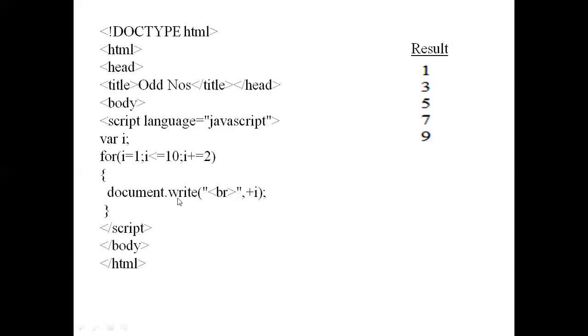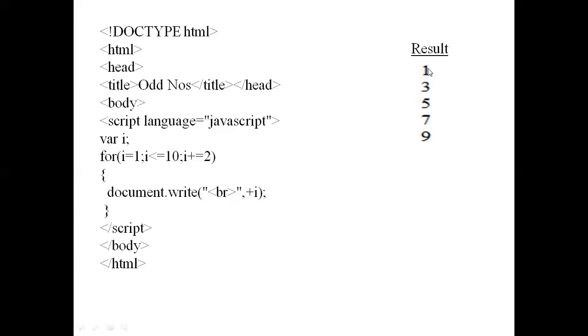Now to display any statement or any text or number in JavaScript, what do we write? document.write. Okay, document.writeln is also there, the ln will automatically take you to the next line. With document.write, you have to give the break, otherwise it will be a horizontal sequence. 1 will come here, 3 will come here, 5 will come here, and so on.